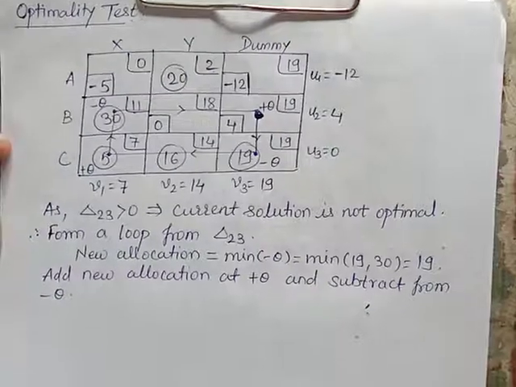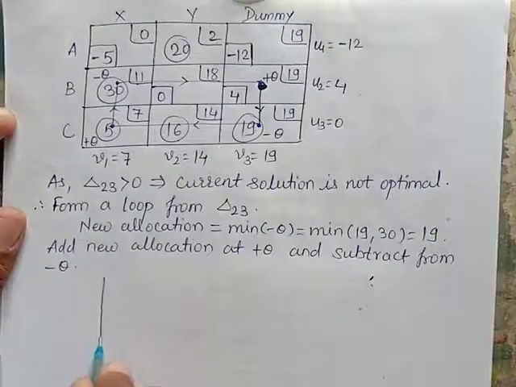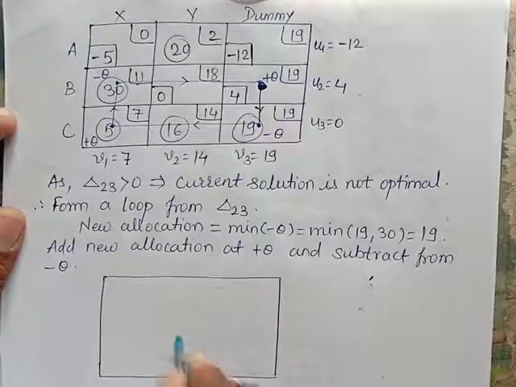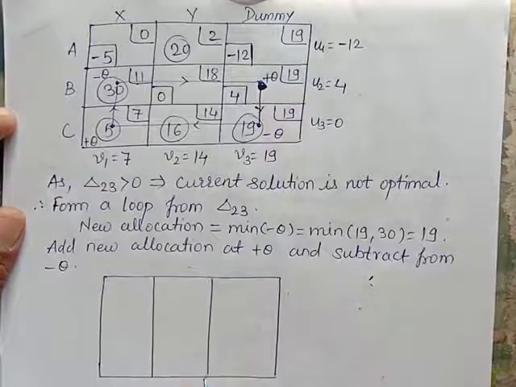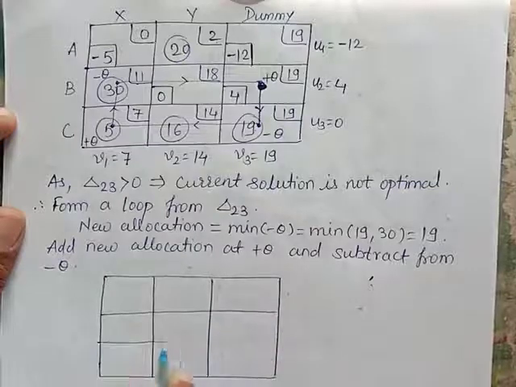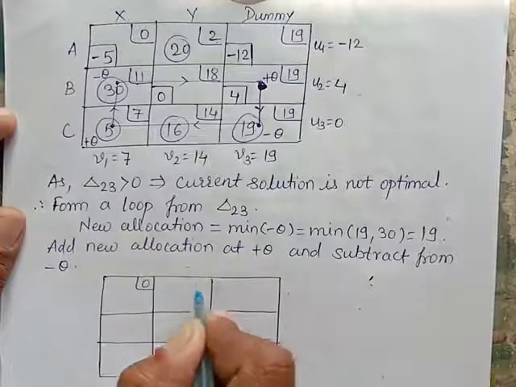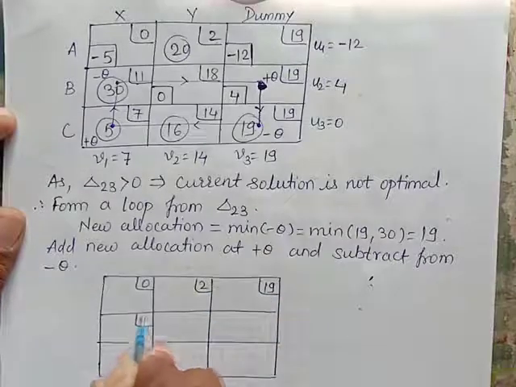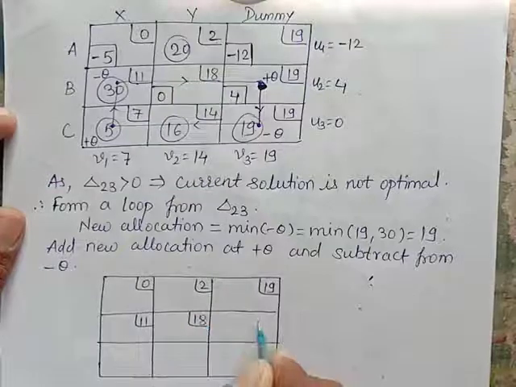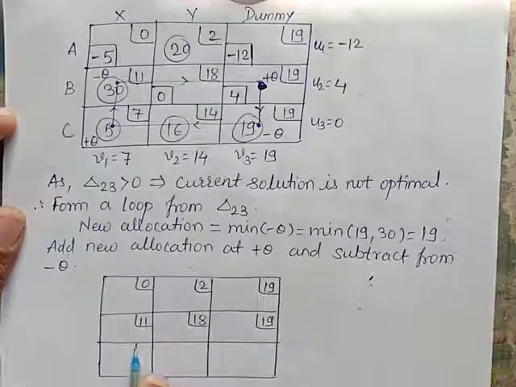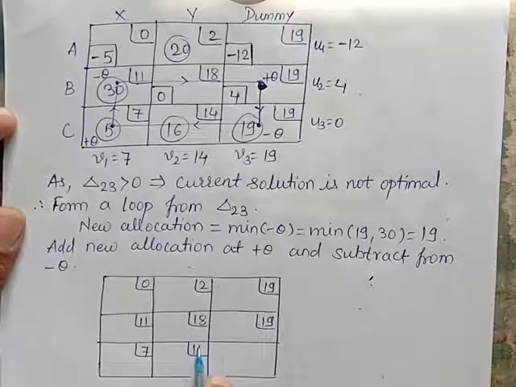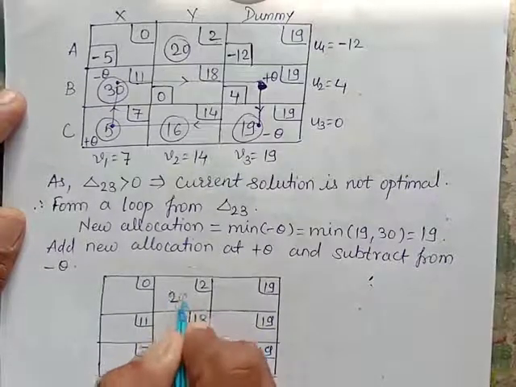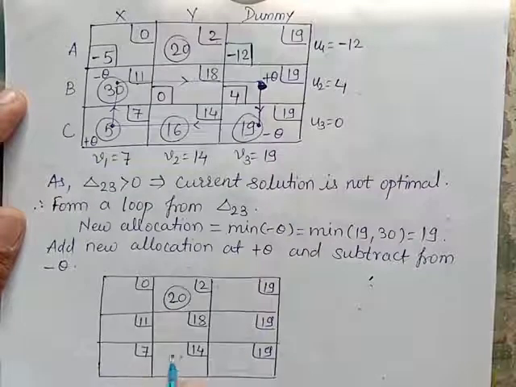From that the table will be: here this 20 as it is, this 16 as it is.